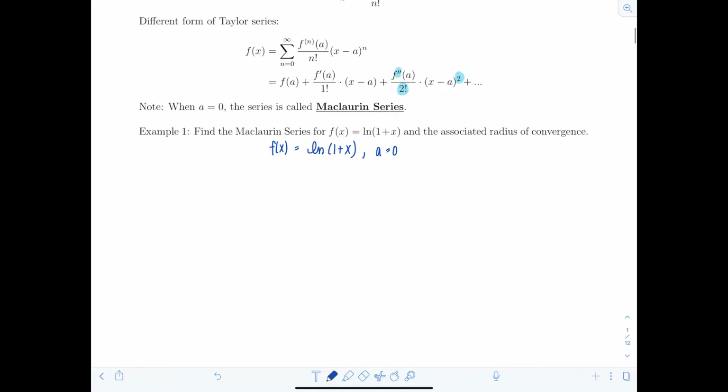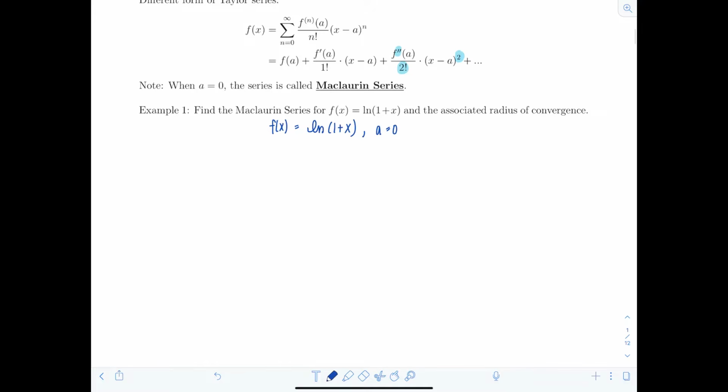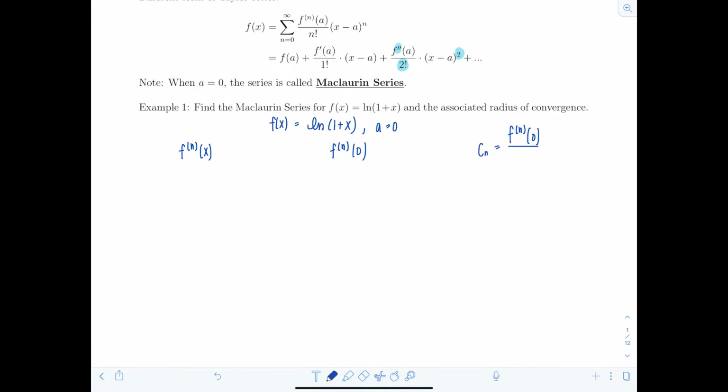Well, we need to figure out what the coefficients are, right? So I'm going to compute the nth derivative of my function at a, or of x for now. Then I'm going to substitute in 0, and then I'm going to put it all together and figure out what the coefficient is. So it's going to be the nth derivative at 0 divided by n factorial.